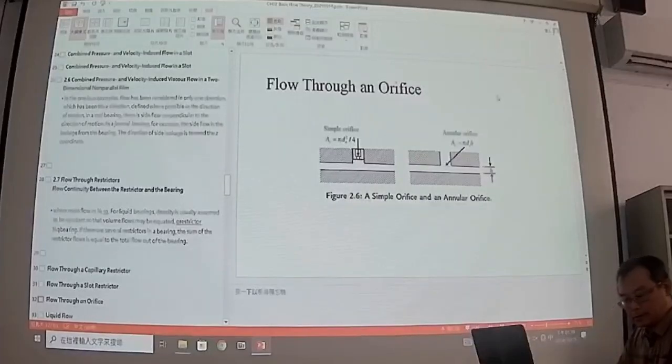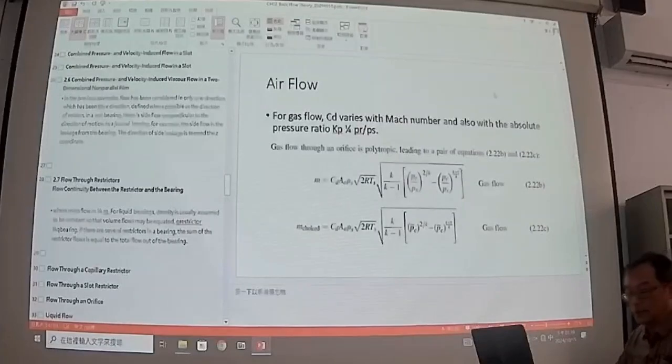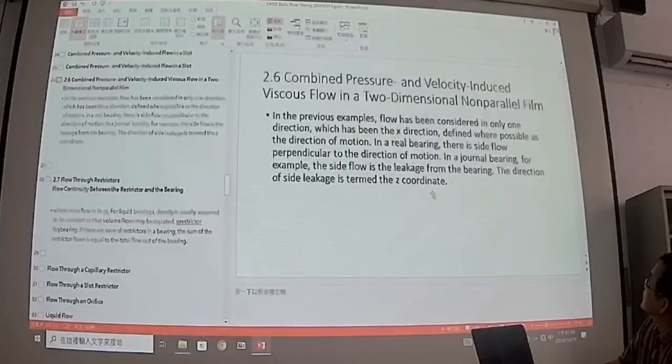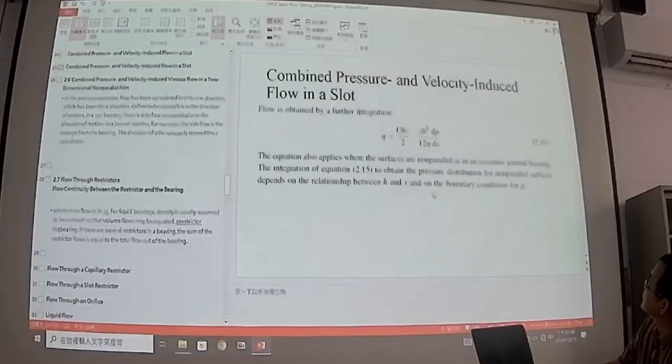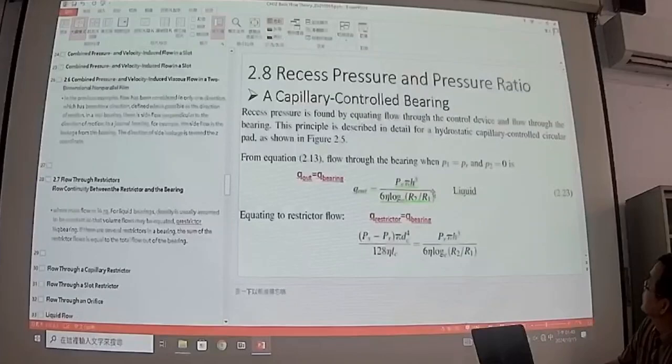Okay, so we have some volume flow rate and mass flow rate, and also the recess pressure. Okay, the recess pressure for the bearing.